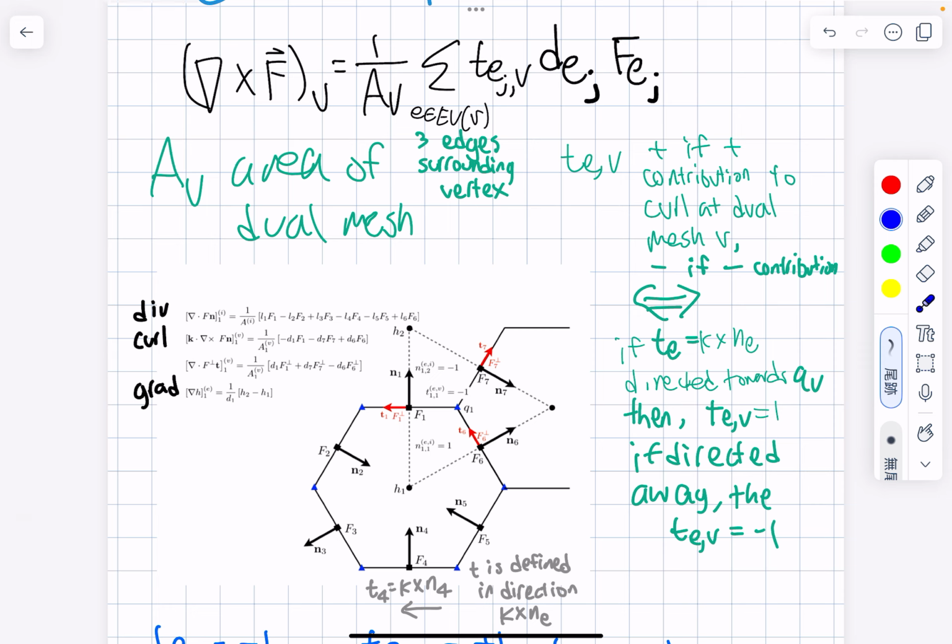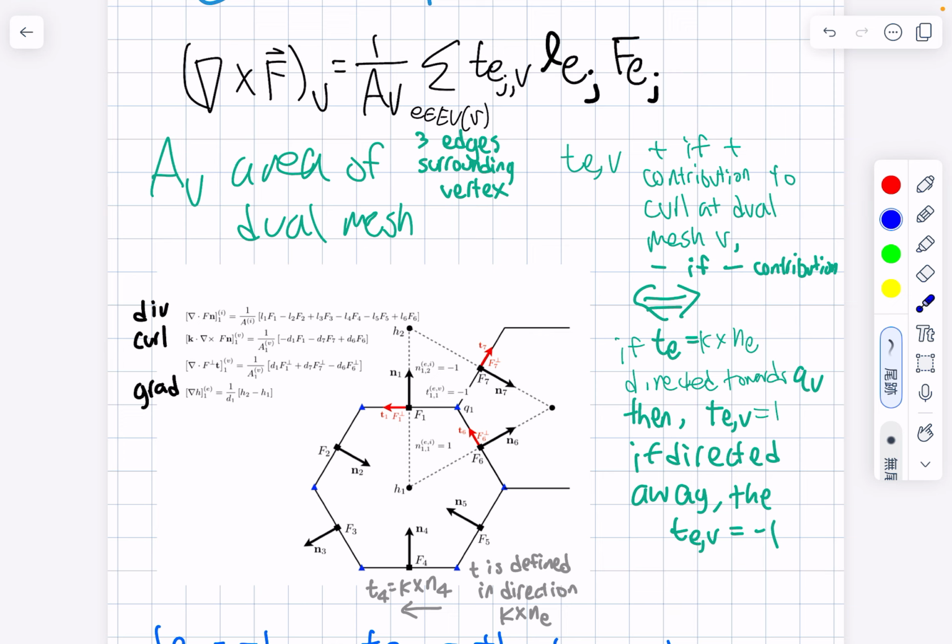And we need this vector, at all of these edges, there's 3 of these T vectors. So we divide by the area of the dual mesh.